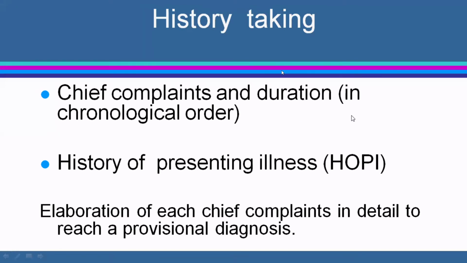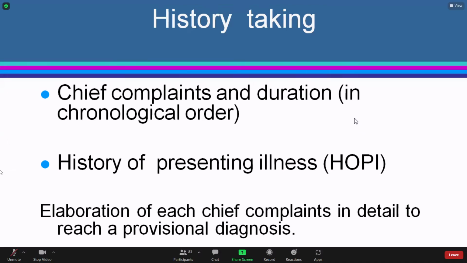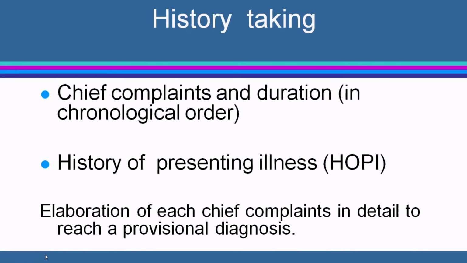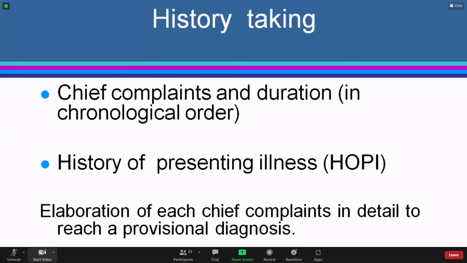If she has pain in abdomen, write the duration, whether it is 2 hours, 3 hours, or days, or months, or years. This is very, very important. Only writing the chief complaint is not enough, and you should always link them with the duration. And if she has multiple complaints, write them in chronological order, first come, first basis, right?